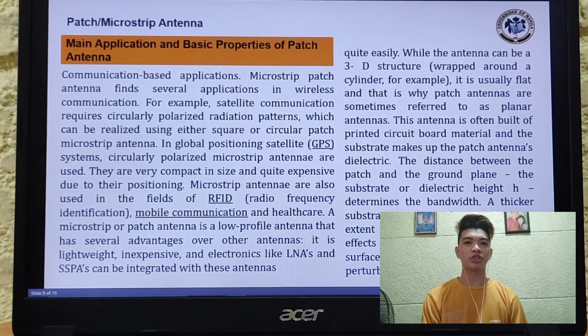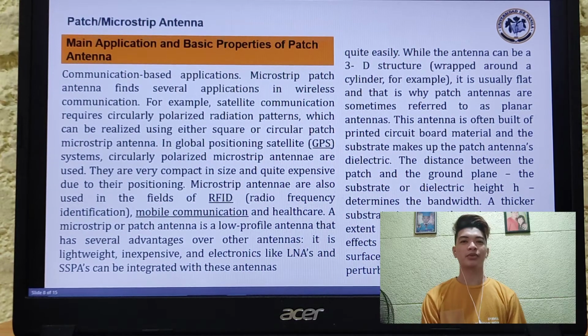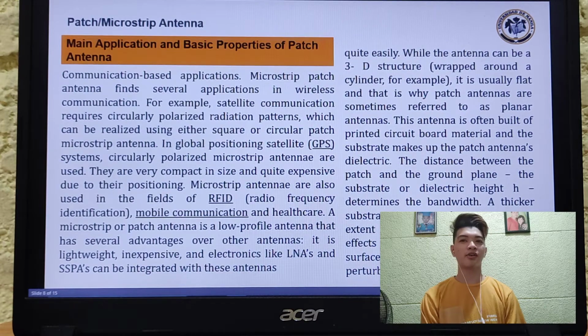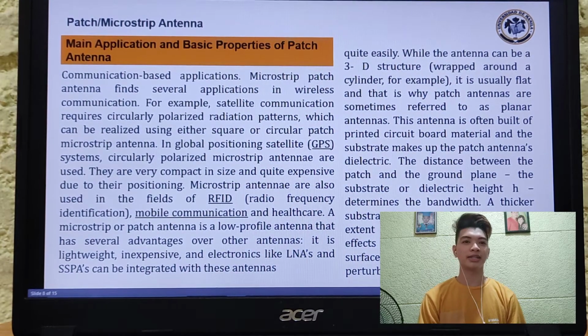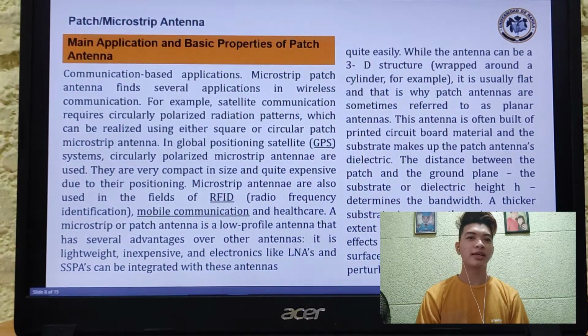In global positioning satellites or GPS systems, circularly polarized microstrip antennas are used. They are very compact in size and quite expensive due to their positioning. Microstrip antennas are also used in the fields of RFID, or radio frequency identification, mobile communication, and healthcare.